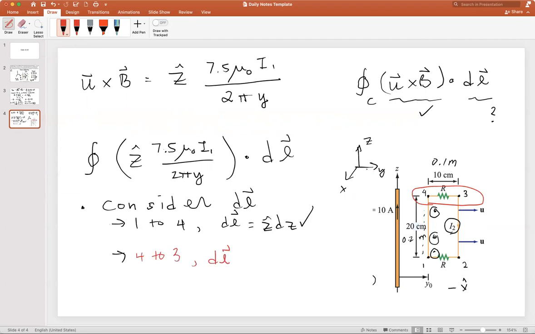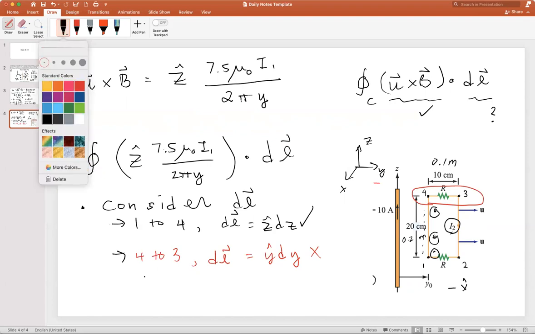The dL on this segment is in the y direction, so we would have dL, to make this quite clear, as y hat dy. Now, if I take this z hat vector and dot it with this y hat vector, it's going to be equal to 0. So this one does not contribute to this integral. It's going to be 0 valued.